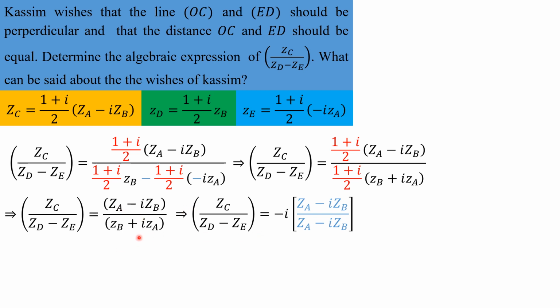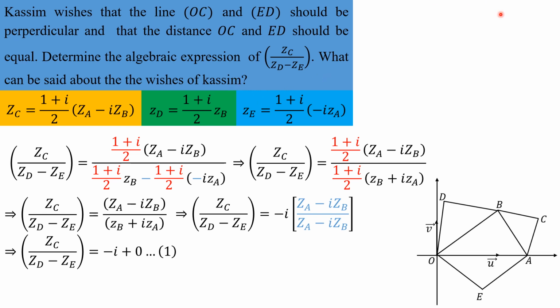So finally the denominator becomes ZA minus iZB. So it equals the numerator, so they cancel. So at the end we just get the algebraic expression to be negative i plus 0. We can call it maybe equation 1, because it's going to help us to know what to say about the wishes of Kasim.